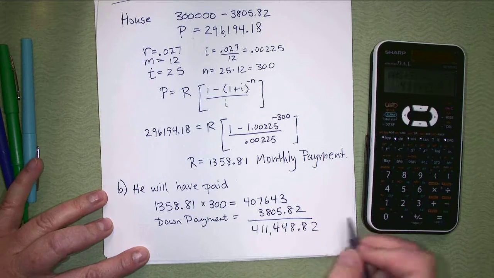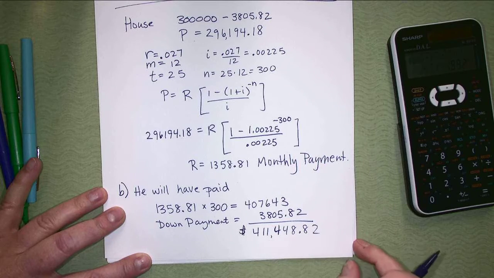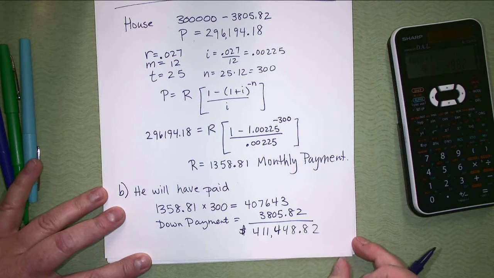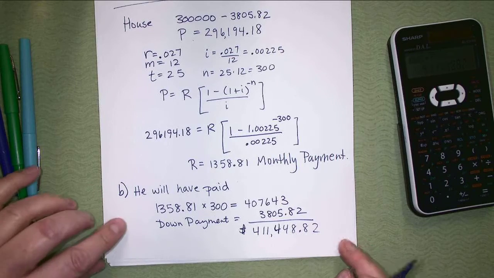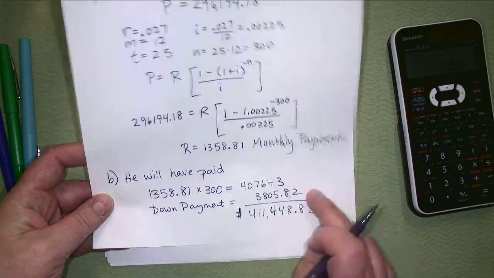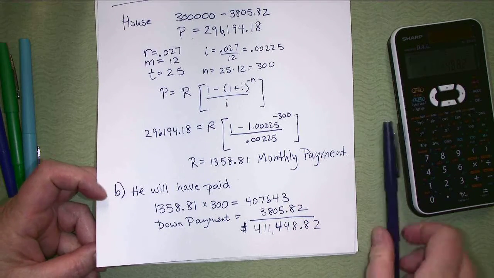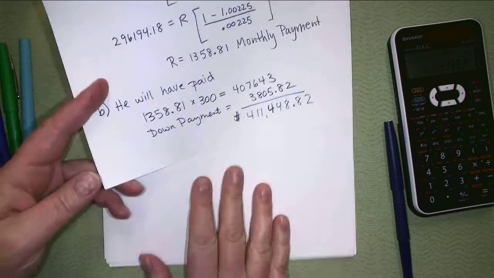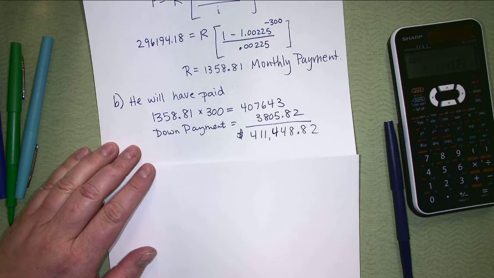So he will have paid that much. So you can see what the interest would be. That includes his down payment, so you could just subtract that from the 300,000. I asked for the interest.